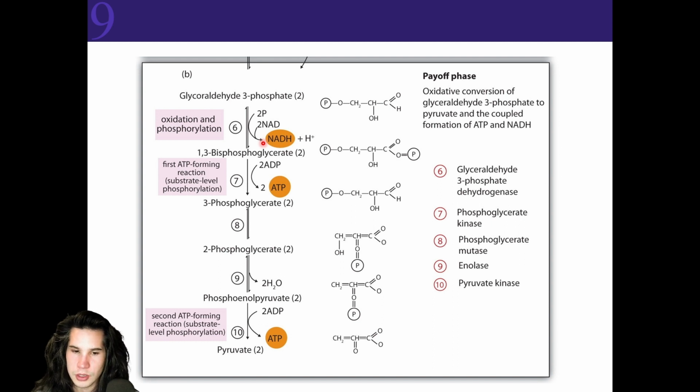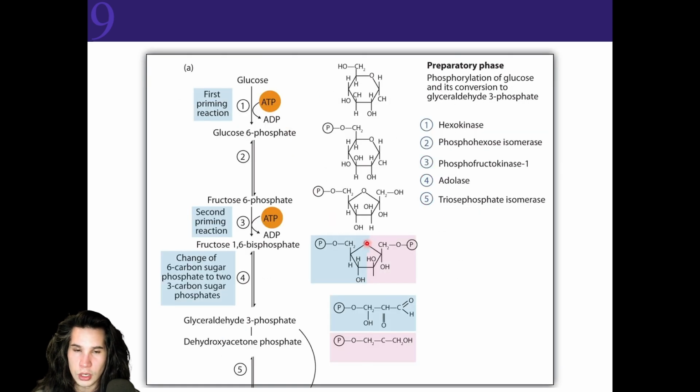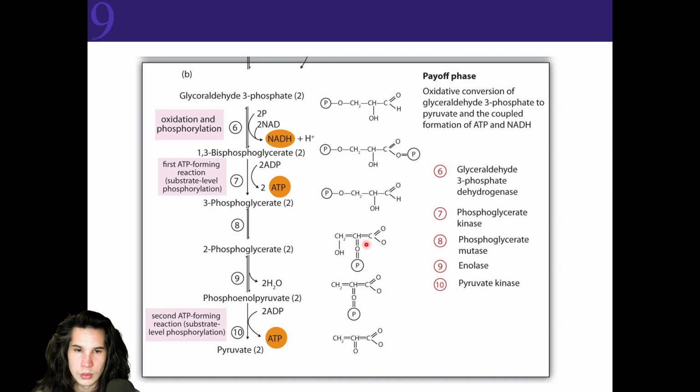Remember, glycolysis yields a net of 2 ATP, but you need a lot of substrate in order to make that happen. For example, you need ADP, you need NAD+, you need glucose. So in order for glycolysis to happen again, it's bottlenecked by its supply of NAD+.